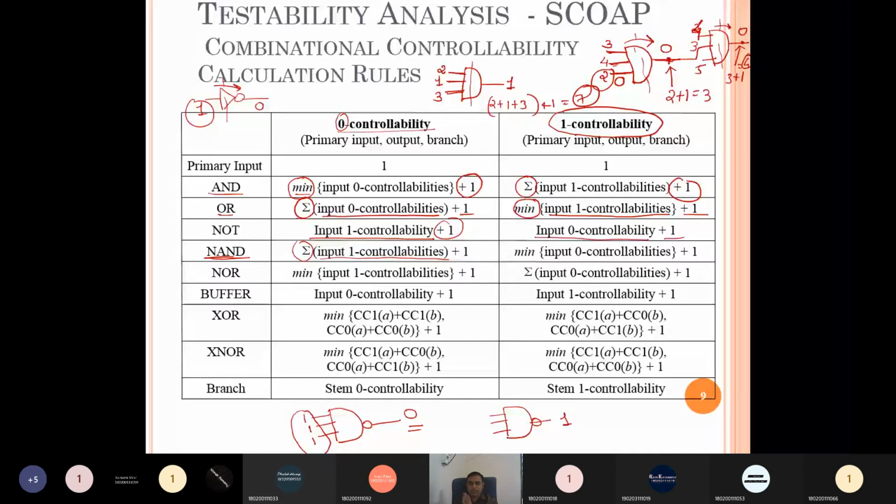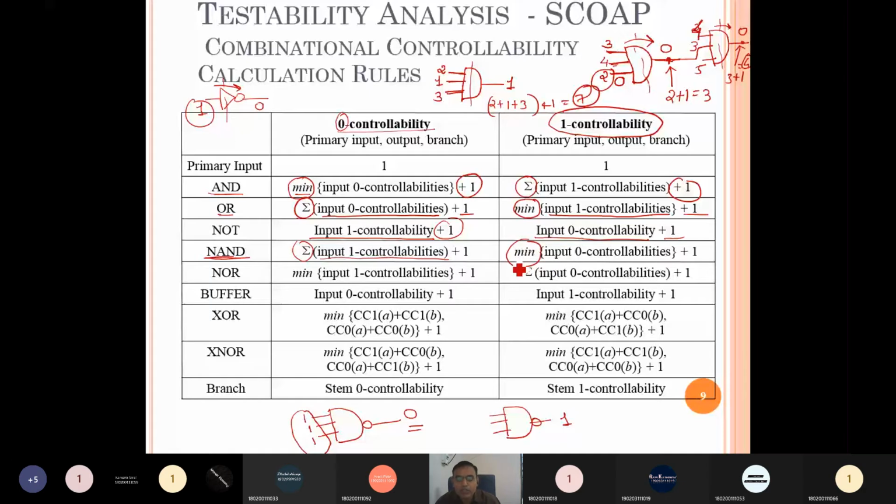So the condition for the NAND gate output to be 1: if any one of the inputs is 0, it will produce the output equal to 1, right? So what should the controllability equation be? It is the minimum of any one of these; it is not necessary that all the inputs must be 0.